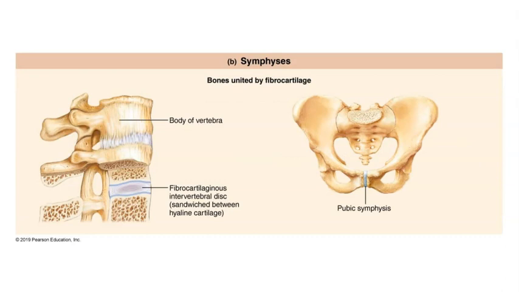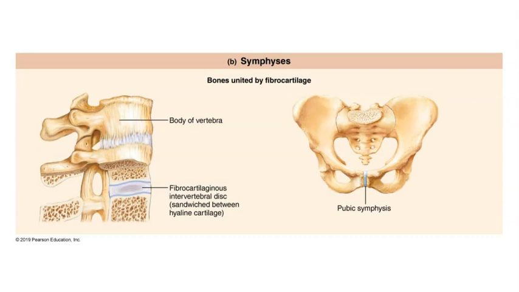So recall that cartilaginous joints where the bones are united by fibrocartilage are called symphyses. And fibrocartilage contains many bundles of collagen fibers, which makes it able to resist both tension, so that is pulling forces, as well as the compressive forces that cartilage is very well suited for handling.